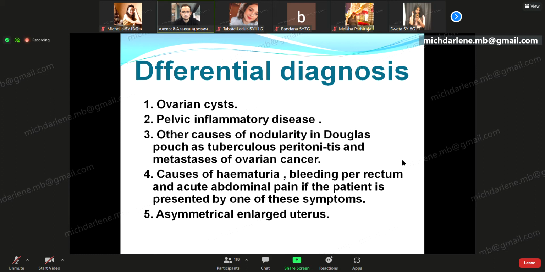PID can cause a serious pain syndrome, but it's not such a prolonged clinical course. Rare disorders include tuberculosis, ovarian cancer, metastasis. If a female has signs like hematuria or acute abdominal pain, of course we need to exclude all reasons for acute abdomen.